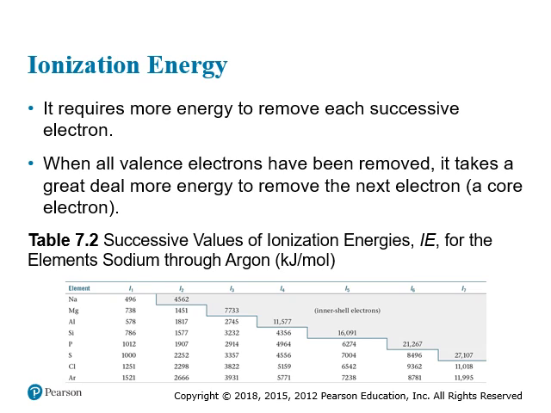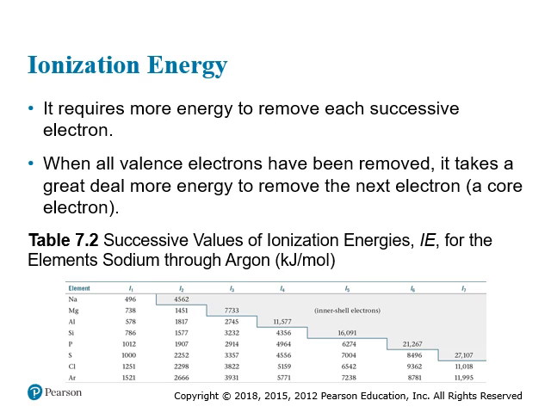So in order to remove a second electron, it's going to require more energy. The remaining electrons will hold to that nucleus even tighter, so removing a third electron is going to require more energy still.